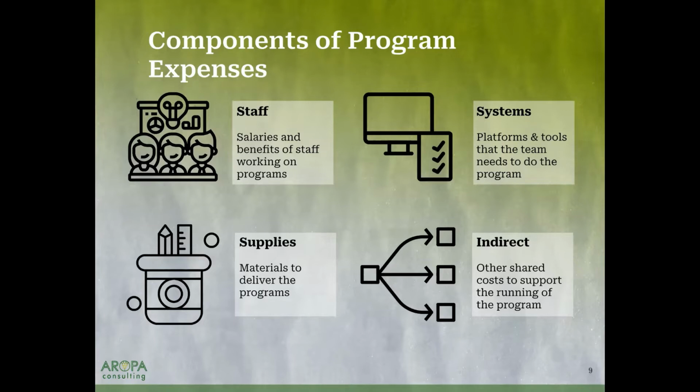So the way most nonprofits manage this is they will calculate the percentage of that space that is occupied by the program team and apply that percentage to the overall cost.